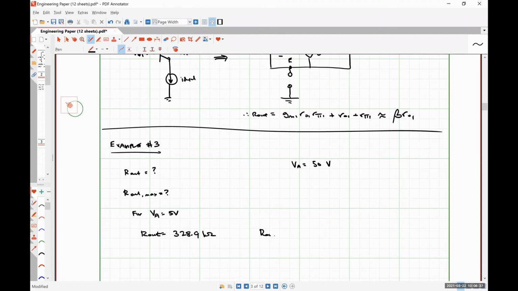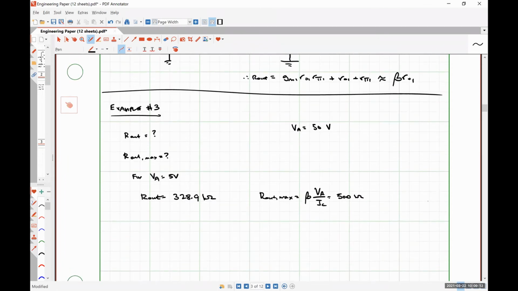R out max is going to be beta VA over IC. So that's 100 times 5 kilo ohms, which is 500 kilo ohms. And so for an early voltage of 5 volts, we see that our output impedance is roughly 2/3 of its theoretical maximum. So pretty good.